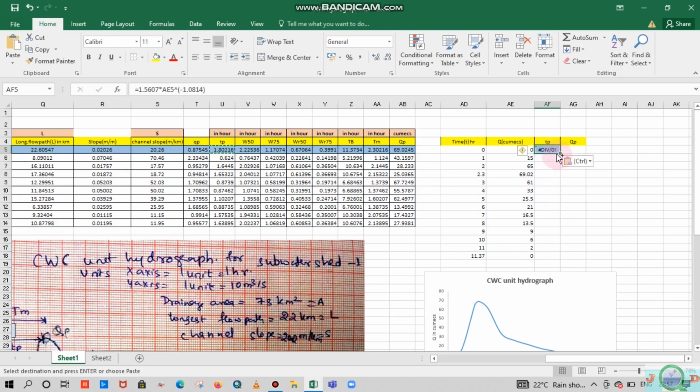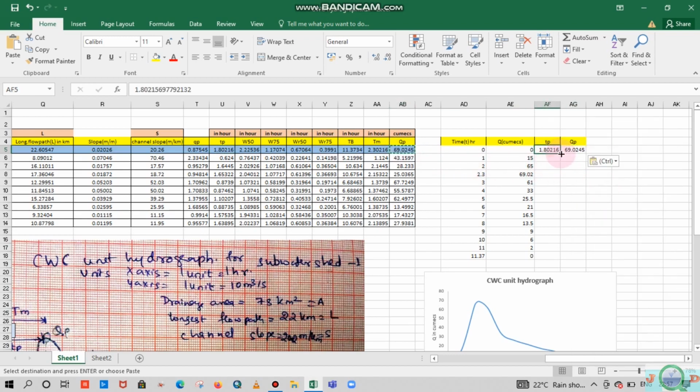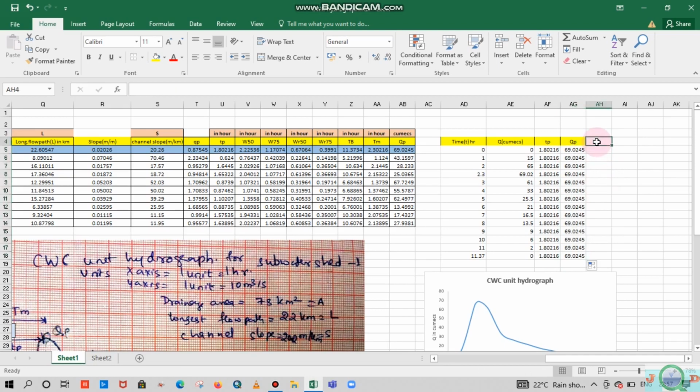Sorry, I need to change it to numbers. Yes, and QP is 69.02. So now I will find these parameters T by TP and Q by QP.